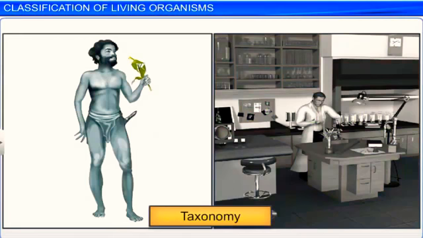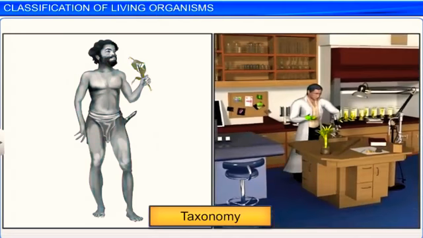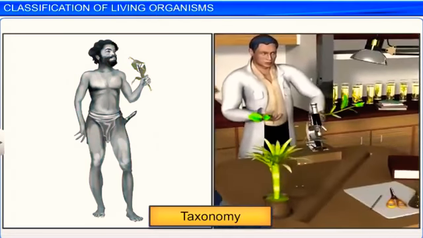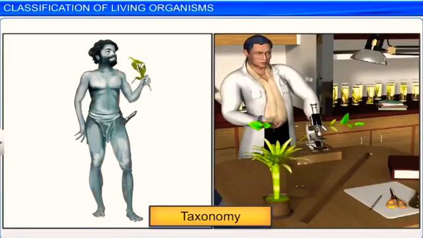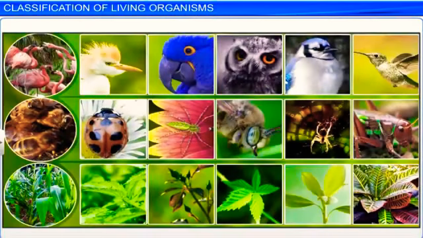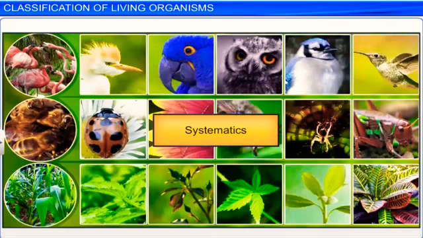Taxonomy isn't new to humans. For ages, humans have been interested in knowing about different types of organisms and the relationships among them. This branch of study is known as systematics, which means systematic arrangement of organisms.